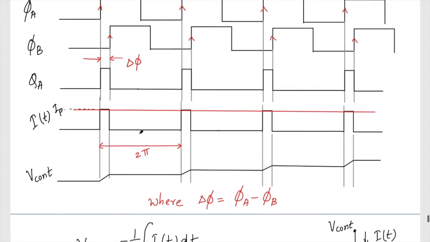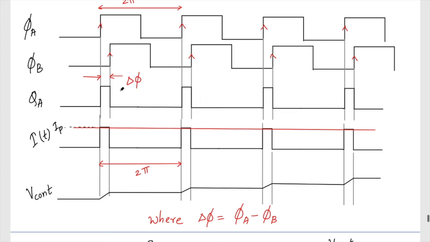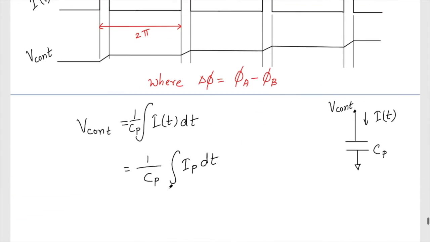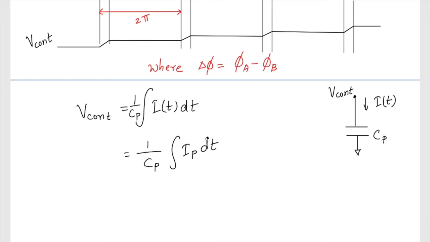But now in this cycle you can see that it is on only for a fraction of delta phi by 2 pi. So the integration is valid, but we are integrating for only delta phi by 2 pi times IP dt.